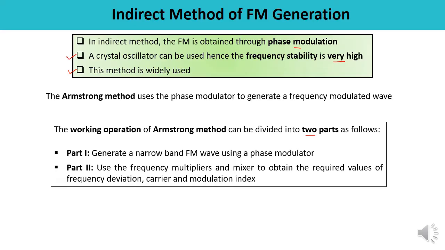In the first part, we discuss how a narrowband FM wave is generated by using a phase modulator. In the second part we discuss the use of frequency multipliers and mixers, so that we get the required values of frequency deviation, carrier and modulation index.